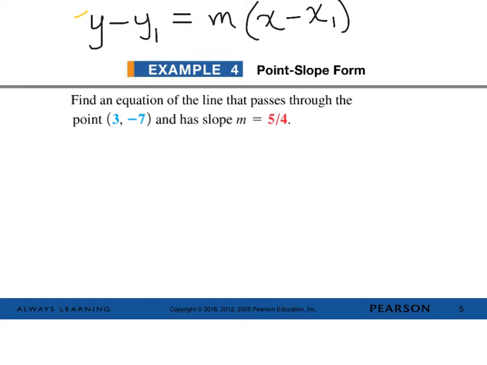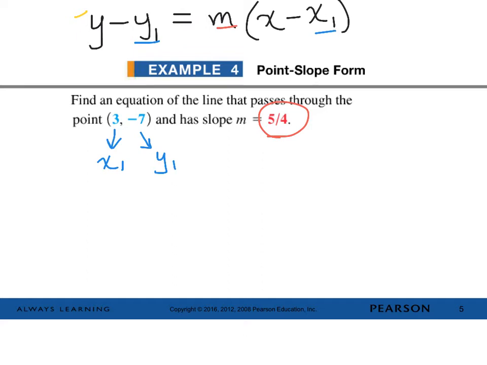So in this case, our given point tells you that x sub 1 is 3, and y sub 1 is negative 7, and the slope is 5/4. So we will plug that information into the point slope form.